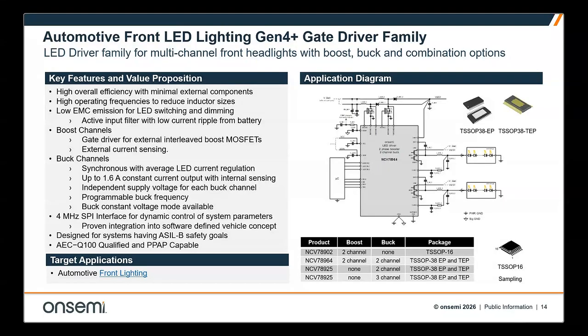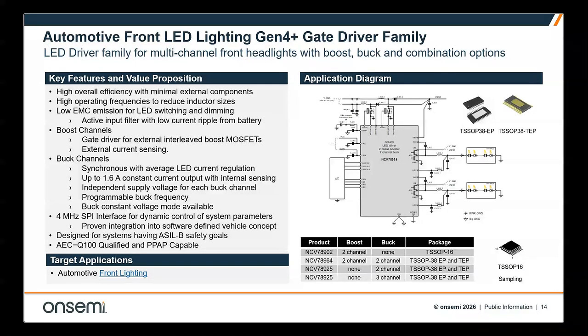So the boost channel drives an external interleaved MOSFET with external current sensing, while the buck channels are synchronous with average LED current regulation up to 1.6 amps of constant current, and also programmable frequency. Crucially, the 4 MHz SPI interface gives software dynamic, real-time control over the lighting, and it proves the software-defined vehicle concept, designed for ASIL-B safety goals.